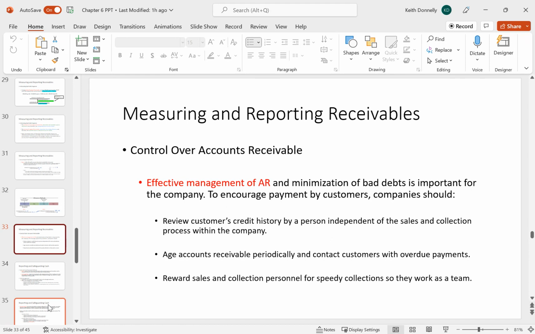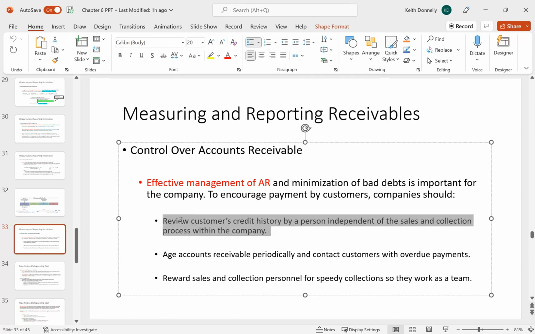All right, let's talk a little bit about effective management of accounts receivable, right? You want to make sure as a business that you're minimizing how much bad debt expense you take. So to do this, right, a couple things. First thing is you want to screen your customers that you sell to, right? And the analogy here is kind of like a landlord, right?